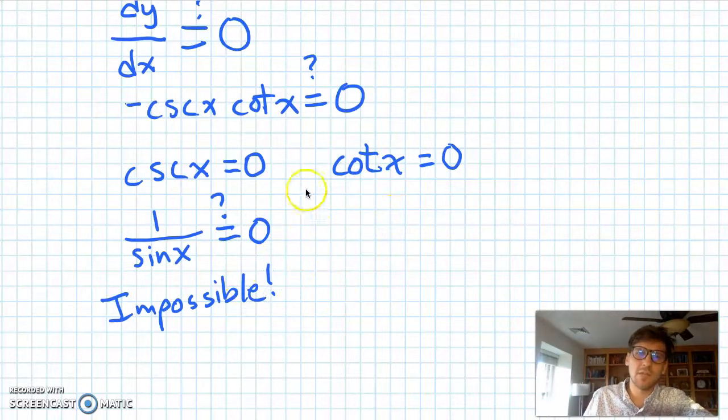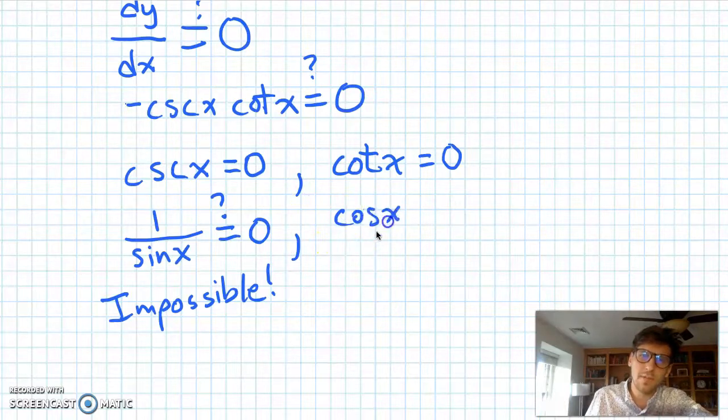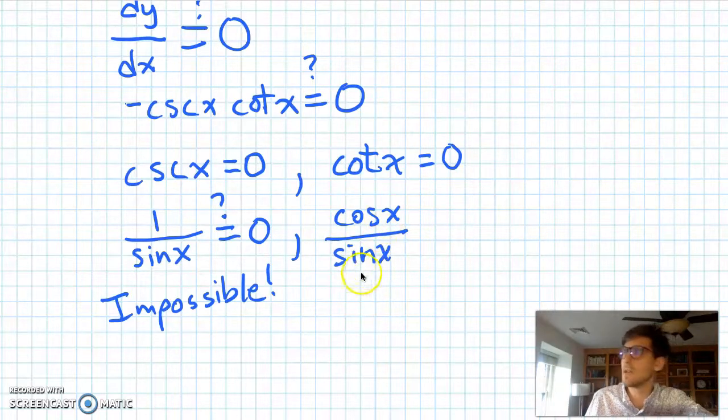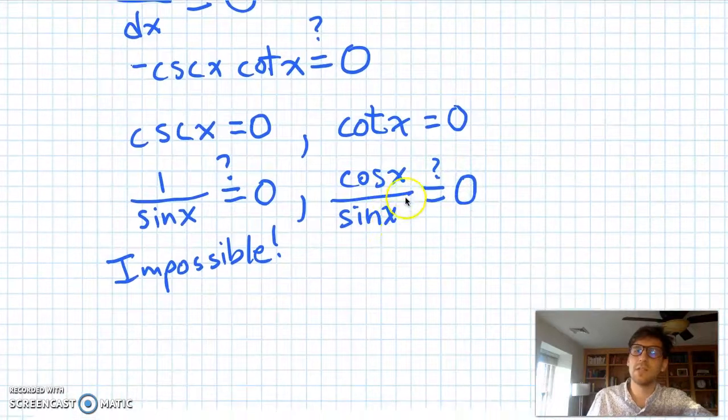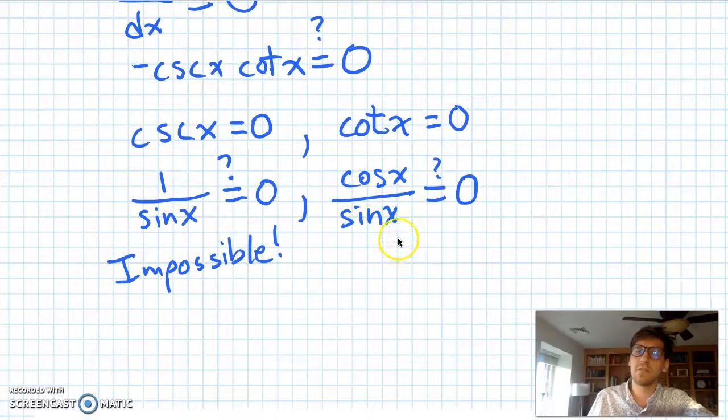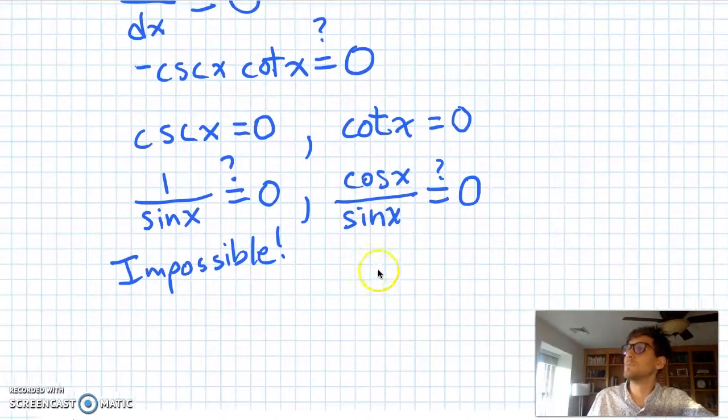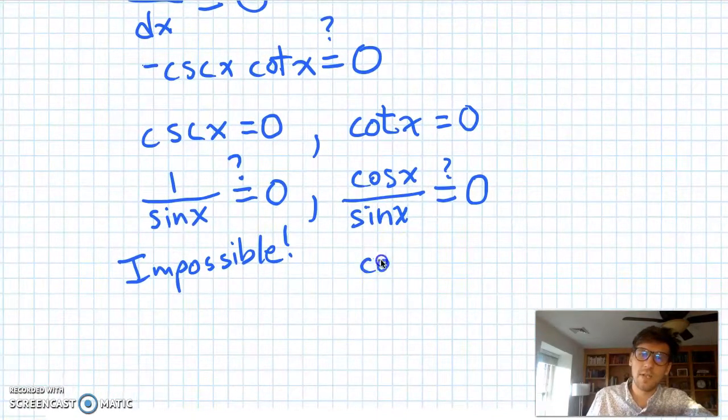But cotangent, let me put some commas here to separate, is cosine of x over sine of x. And since we know they have sort of this symbiotic relationship, this is going to equal 0 just where cosine is 0, because when cosine is 0, sine is 1. And where is cos of x 0?